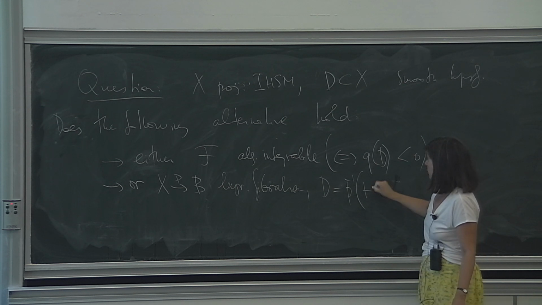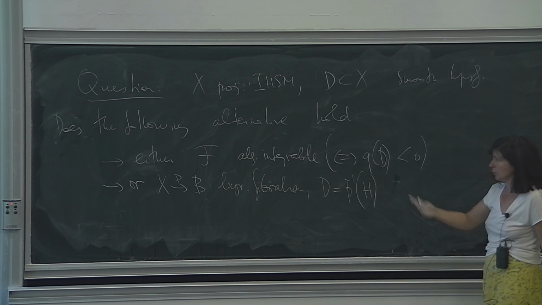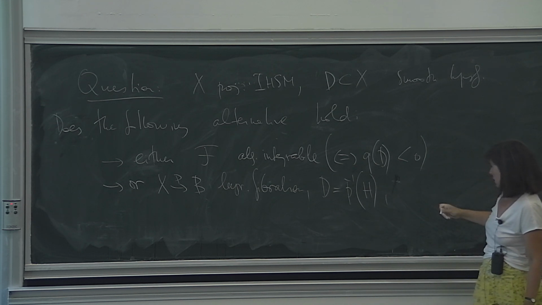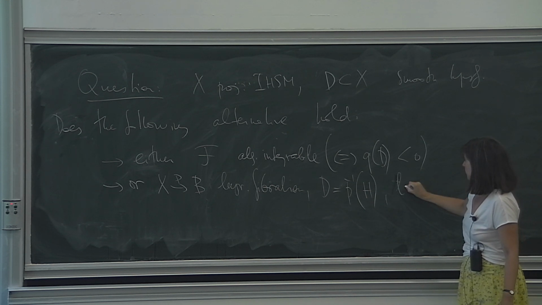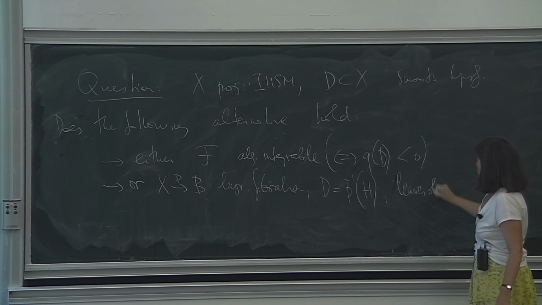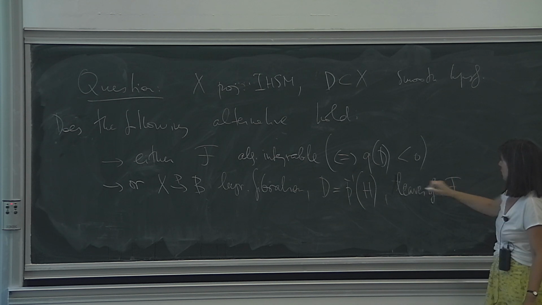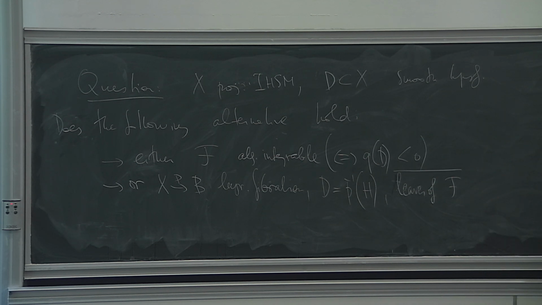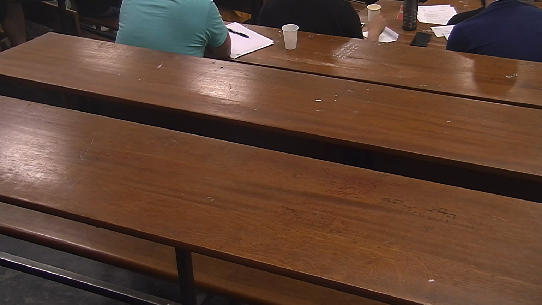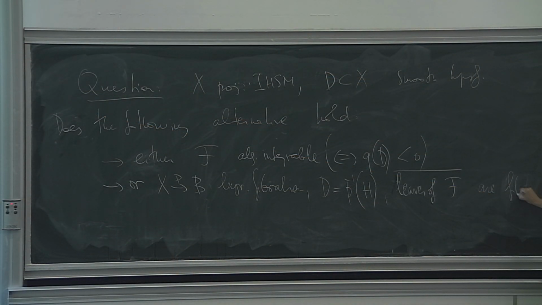Of some H on B, and leaves of F, well, Zariski closure, are algebraic tori, Lagrangian tori, well, are fibers of P.